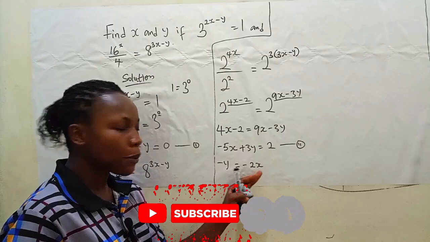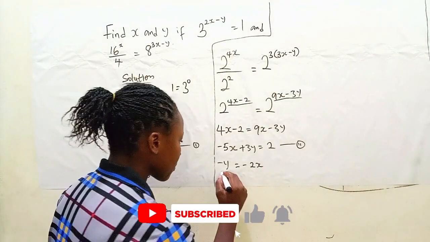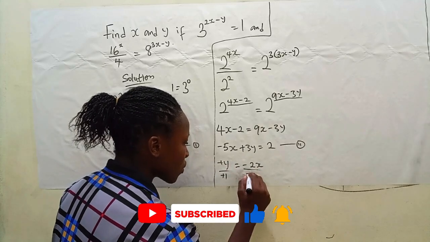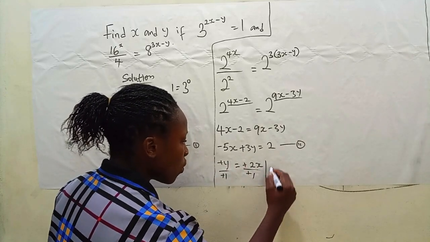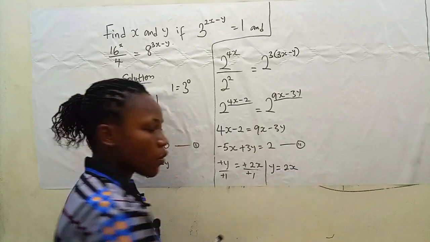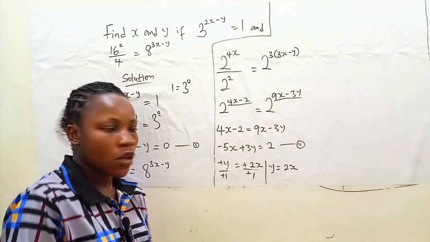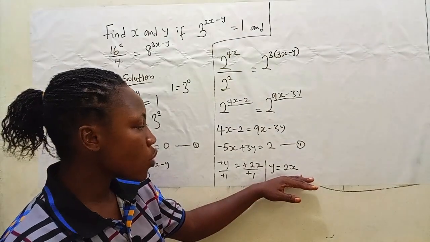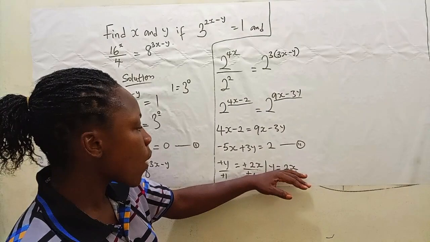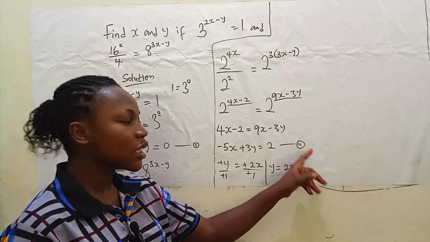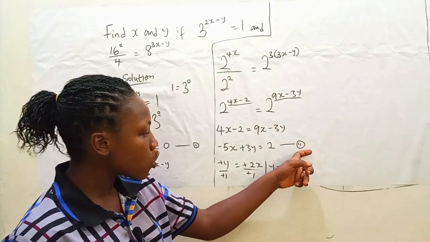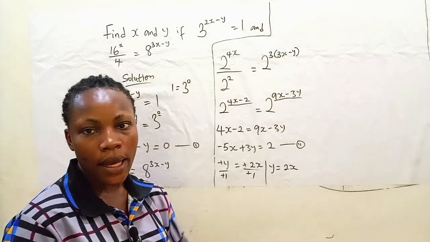So dividing both sides by minus 1, cancel this, cancel this. So y is going to be equals to 2x. So what this means is that we are to substitute for y as 2x in equation 2, for us to be able to find the value of our x.